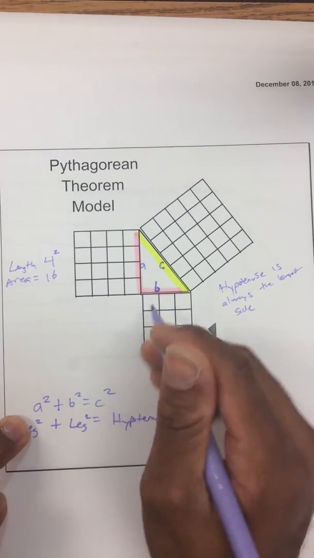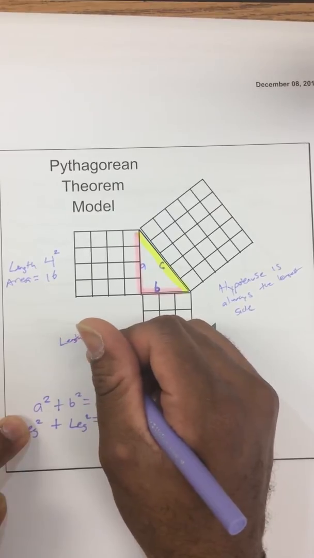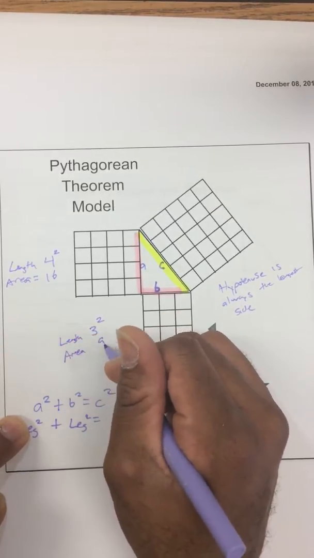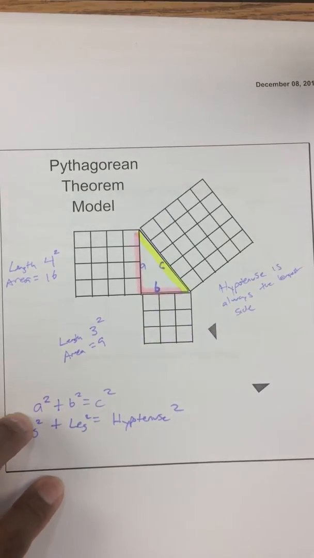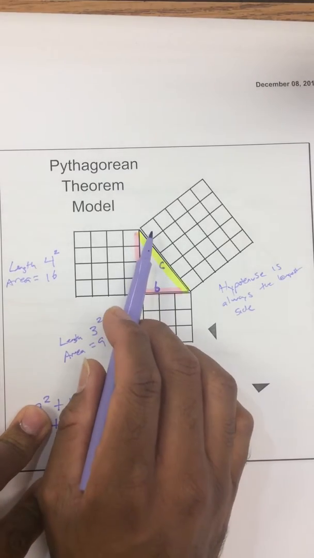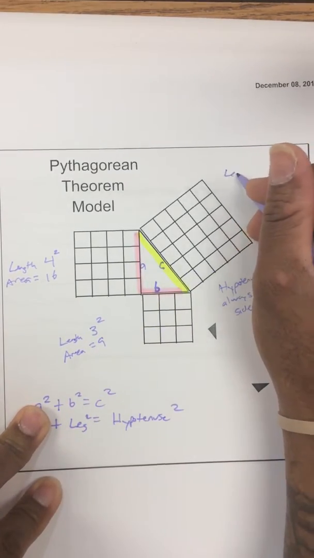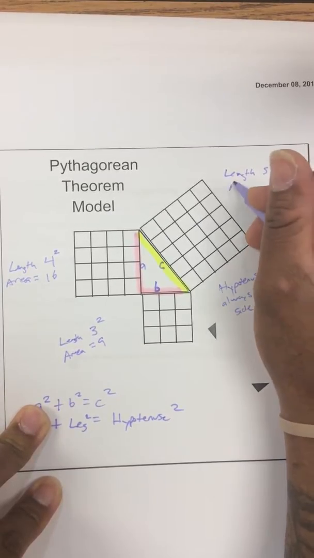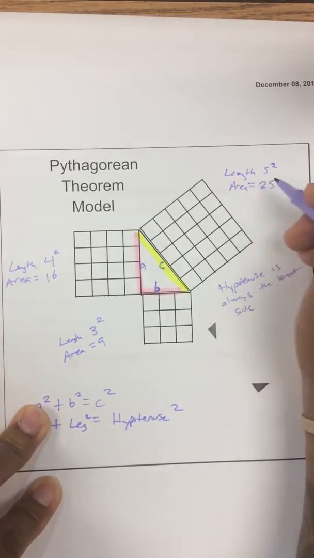I count 3 units for that leg. So that gives me an area of 9. And I actually see that area is 9 units. And this one right here has a length of 1, 2, 3, 4, 5, which essentially gives me an area of 25.